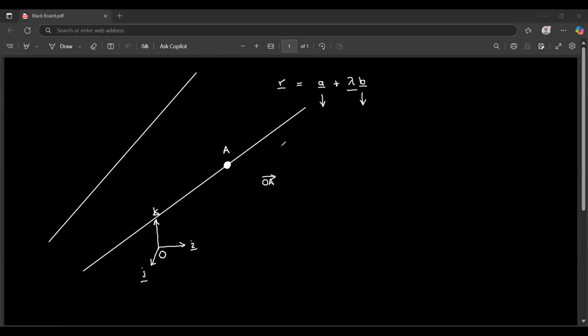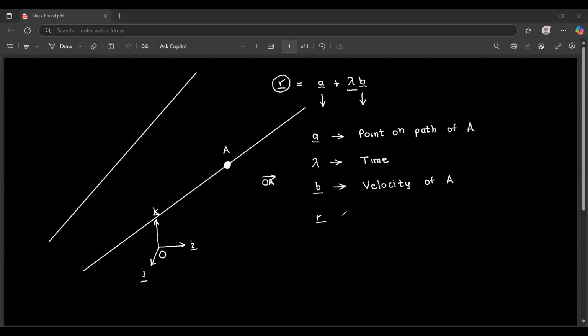So let's write them down. A is a point on the path of A, and lambda here will represent the time, and b will be the direction vector or the velocity of particle A. What will r represent? r will represent the position vector of A at a specific time.